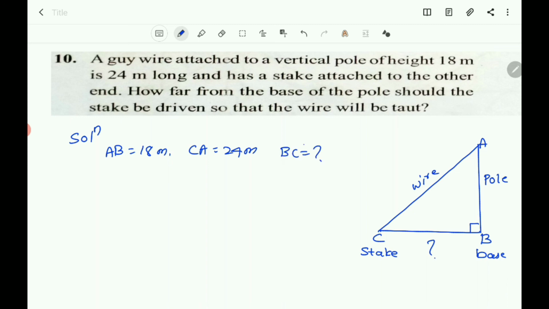BC is equal to question mark. In the right angle triangle ABC, which is the hypotenuse? As B is a right angle, its opposite side AC is the hypotenuse. To find BC, you write BC square plus AB square is equal to AC square.